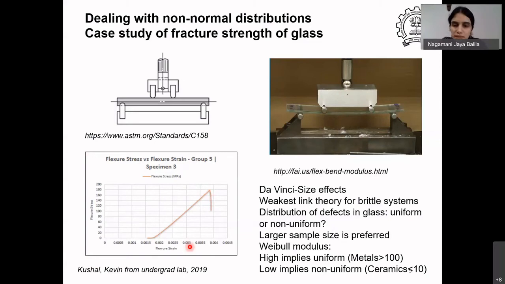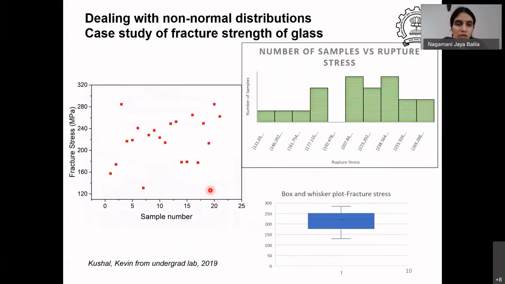So the strains are very low. You can see this is just about 3%, but this is also not corrected for the cross-head displacement. So the total strain is low. This is flexure stress versus flexure strain. For our purpose, we will just call it a stress strain graph. So from this, you calculate the failure stress. But 3 samples here are not good enough, because I'll show you the data that we got.